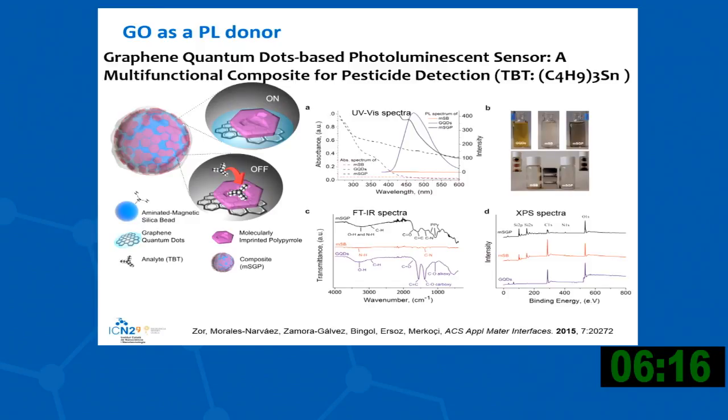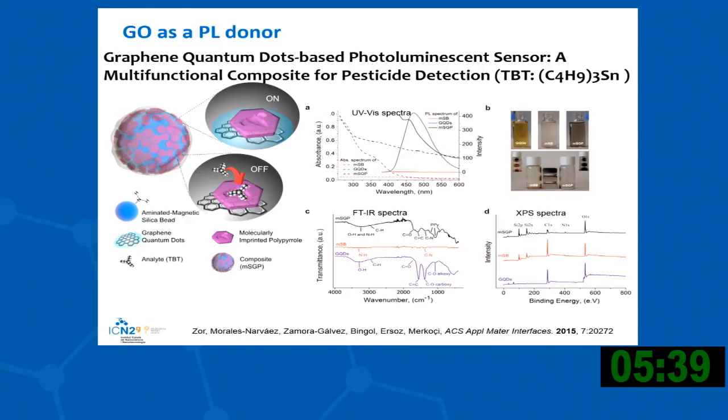So we have these beads with quantum dots that already have the fluorescence, and upon interaction of these magnetic beads with the analyte, we have the fluorescence turned off. It is a very simple system, and the combination with the magnetic beads allows for pre-concentration, because we can detect very low quantities of pesticides in seawater: we immerse these beads in the sample, and then we can attract them by magnetic field.